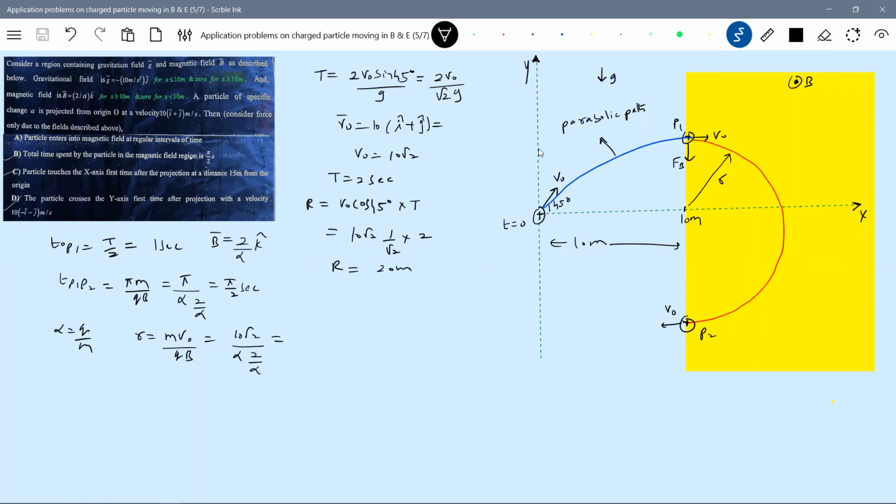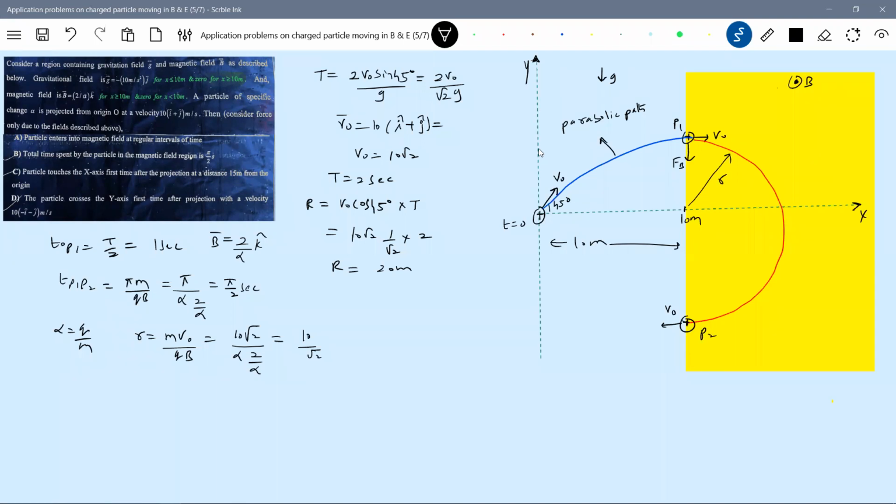Okay, this alpha gets cancelled, so this will become 10 by root 2 meters. I think option C is not possible.